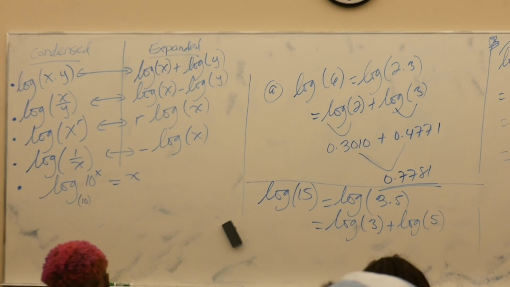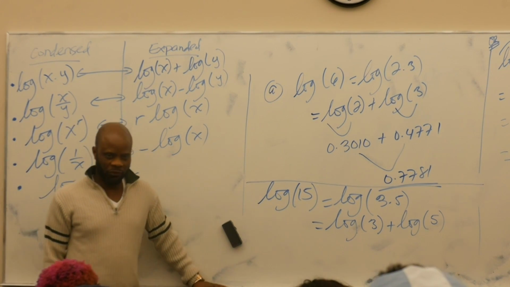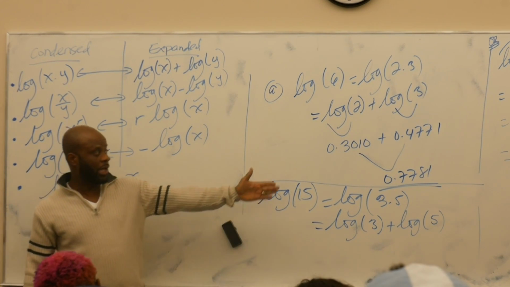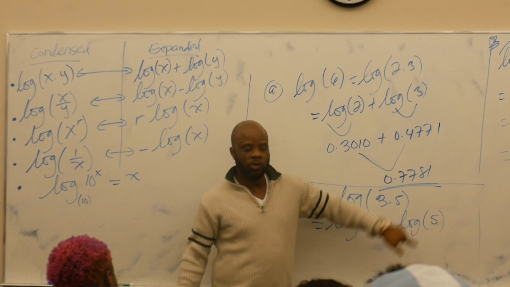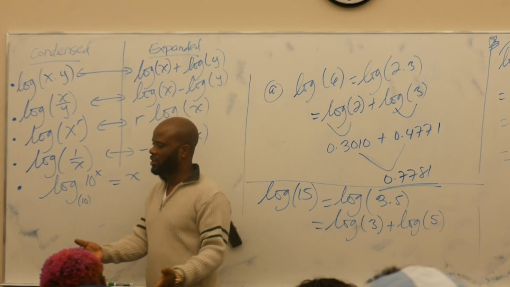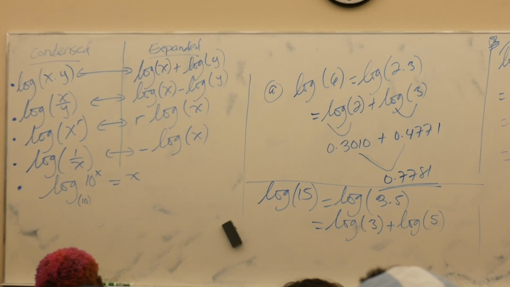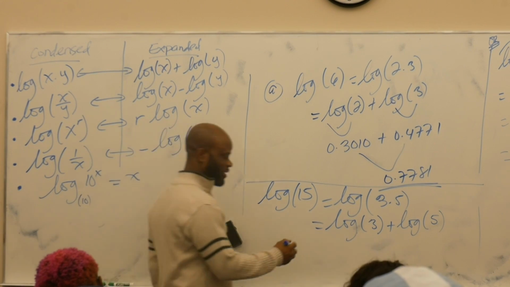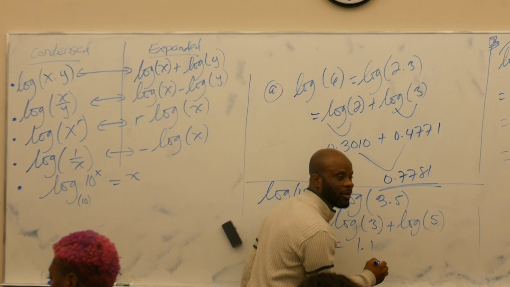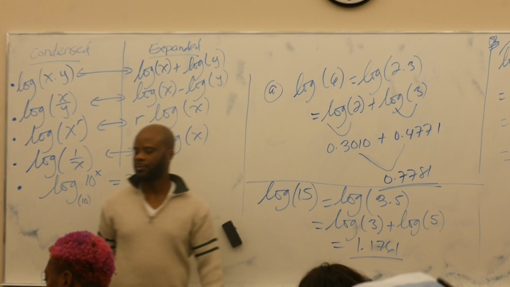Because again, every time we have the multiplication, the log of the argument is the sum of the individual logs. So do we know the value of the log of 3? Yeah, we still got it on the board here, right? Do we know the value of the log of 5? Yeah, so you add those two values together, that's your answer. You got an answer, Emmanuel? What is it? 1.1761. Okay. Thank you.